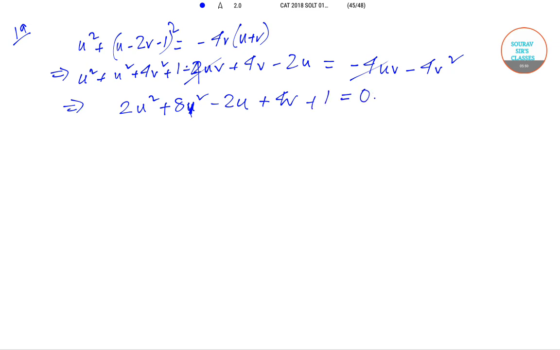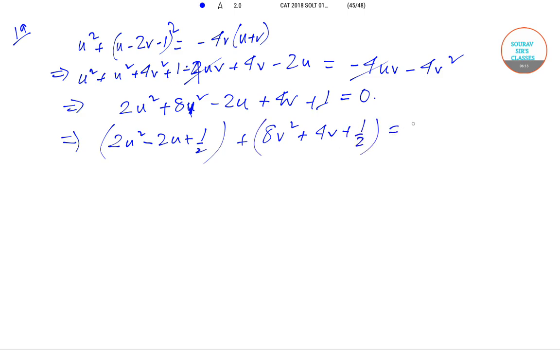Now we take all the terms with u on one side: twice u square minus twice u. We break the 1 into two parts, taking one half over here and the other half with the expression containing v. So we have 8v square plus 4v plus 1 by 2, and this entire structure is equal to 0.